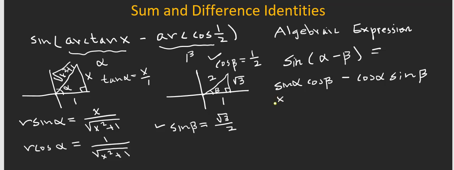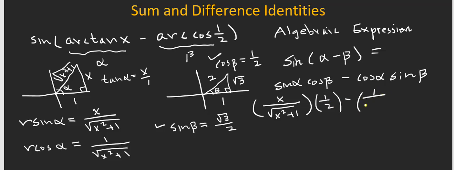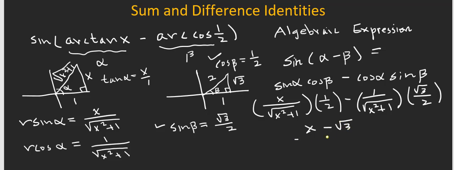That's x over radical x squared plus 1 times cosine beta, which was 1/2, minus, what's cosine alpha? That's 1 over radical x squared plus 1, times sine beta, radical 3 over 2. So when you simplify this, you'll get x minus radical 3 all over 2 radical x squared plus 1.